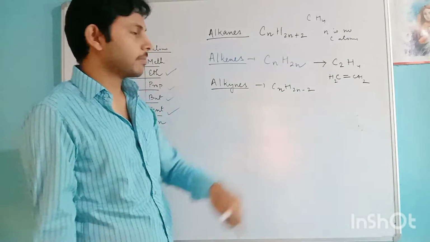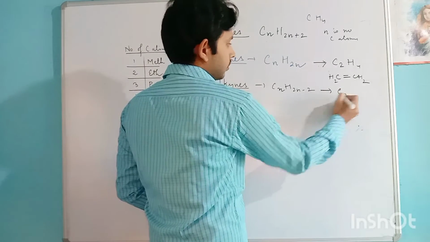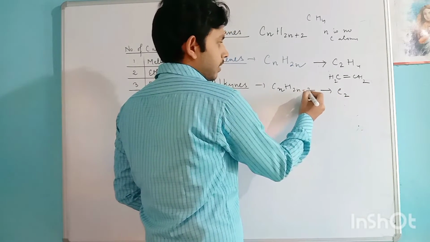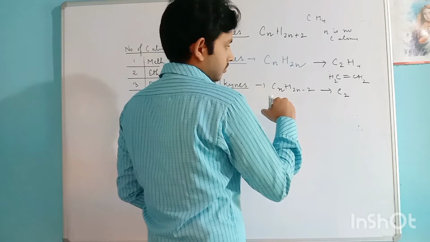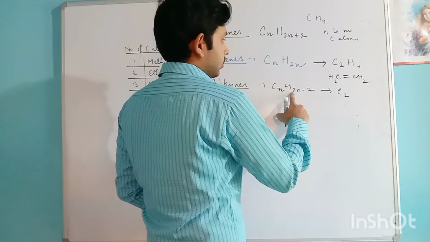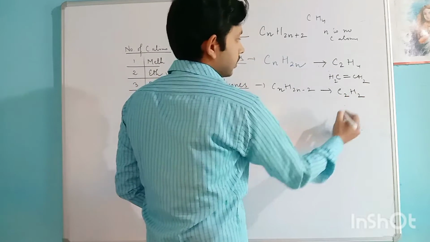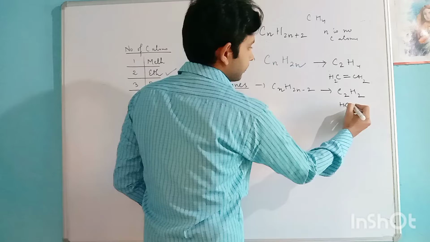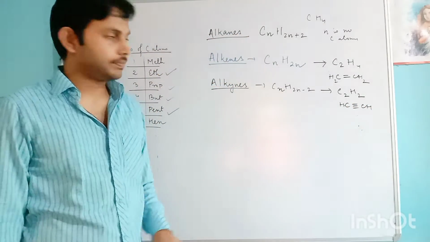And the simplest member for alkynes is what? C2H(2 times 2 minus 2), C2H2, which you can write like this. This is ethyne.